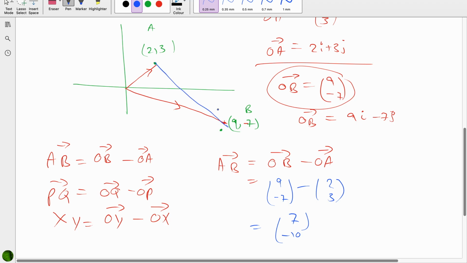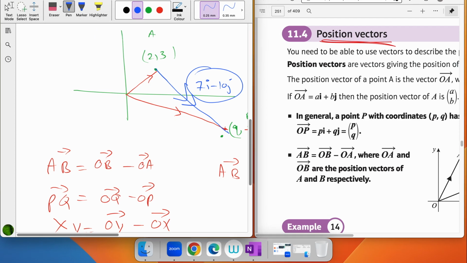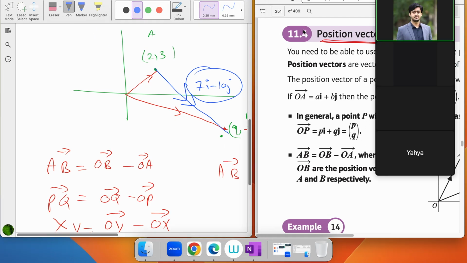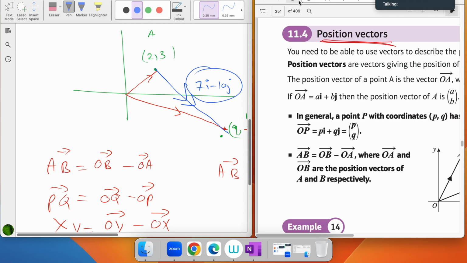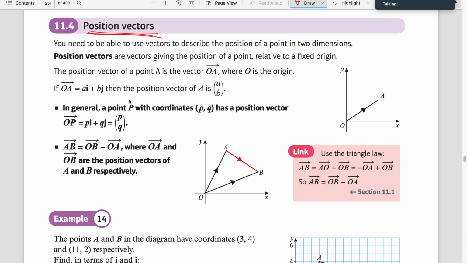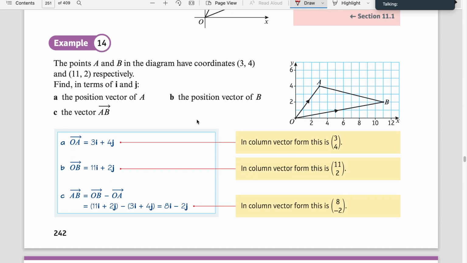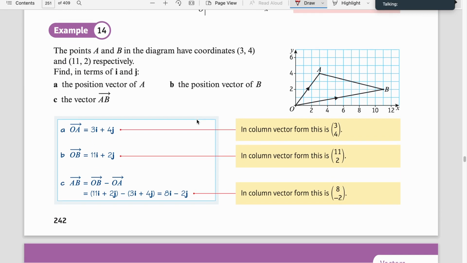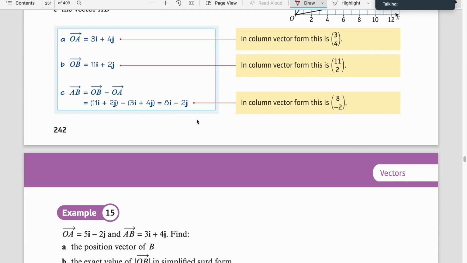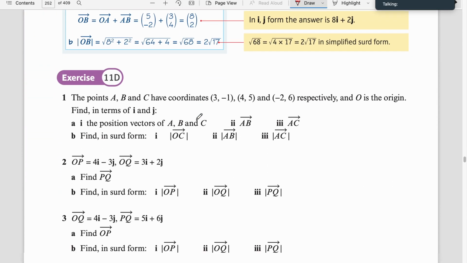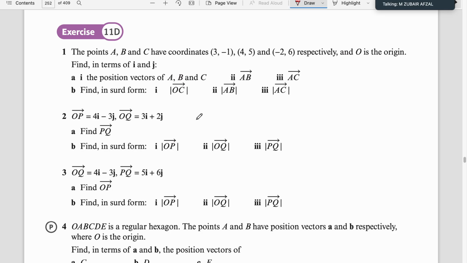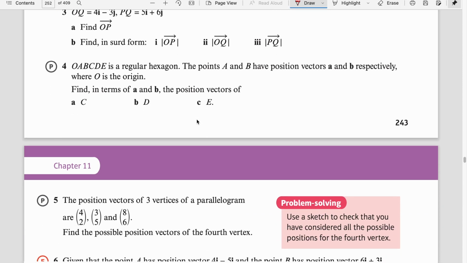So actually AB would be 7i minus 10j. Yes, this is position vector, magnitude, direction.